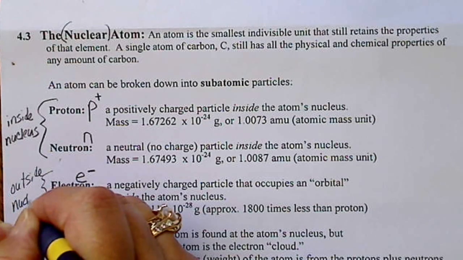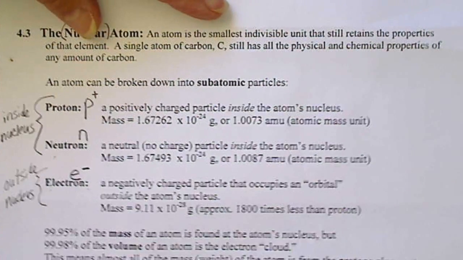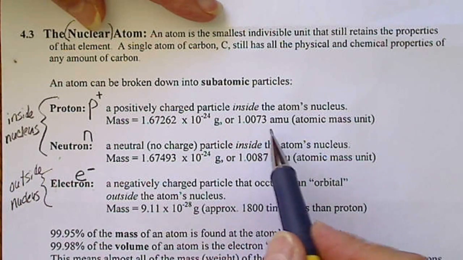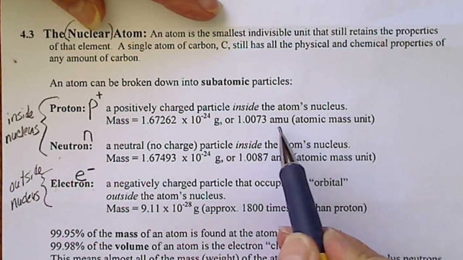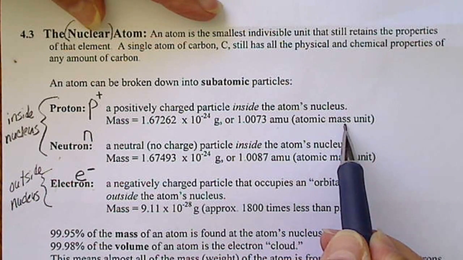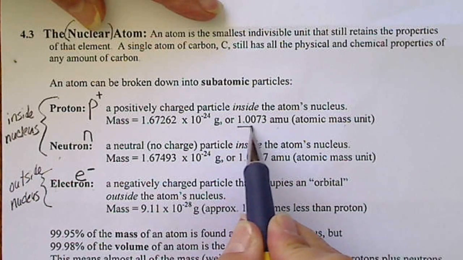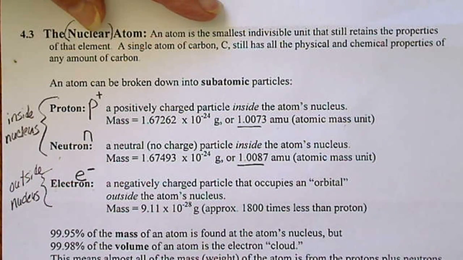So I'm going to try to draw a quick picture of that, and your book has a pretty good picture. The protons and the neutrons weigh, we have this funny mass unit or weight, and we call it an atomic mass unit. And if we notice, a proton and a neutron weigh approximately 1 atomic mass unit each.